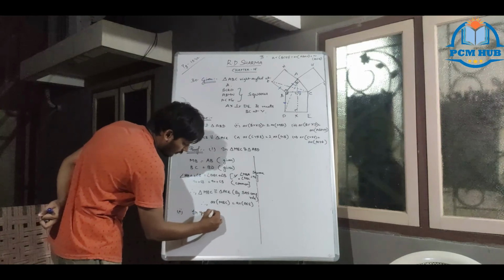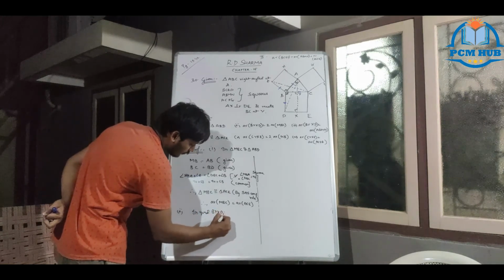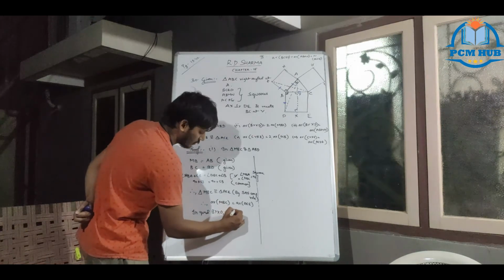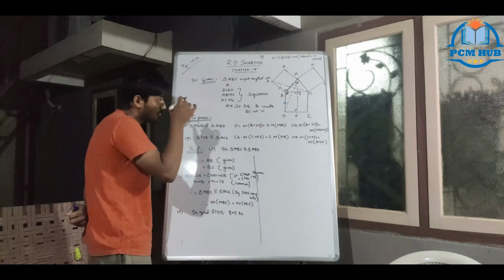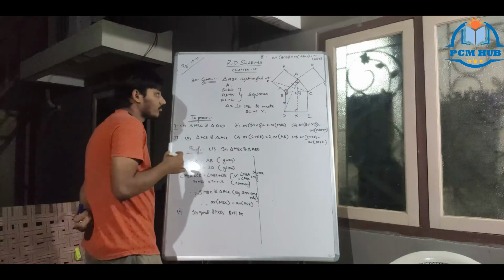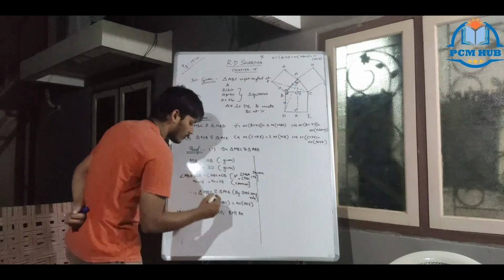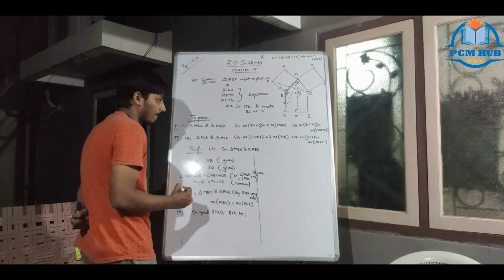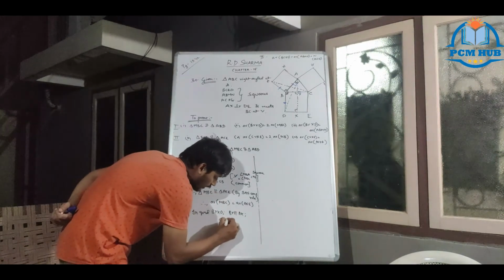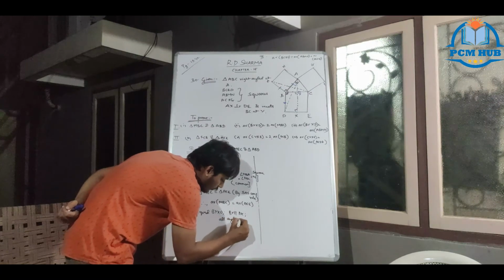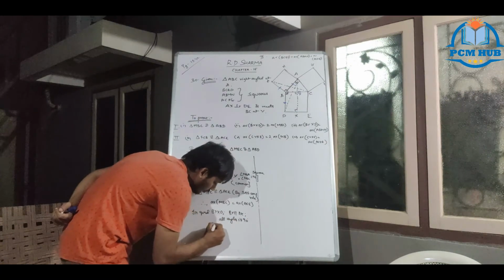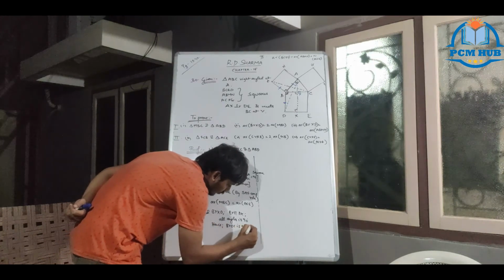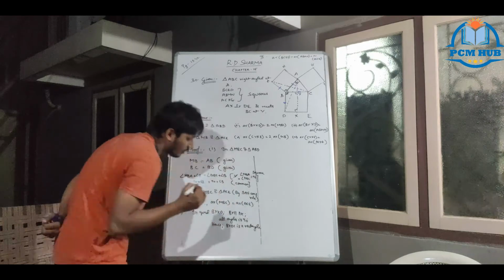In quadrilateral BYXD, BY parallel to DX and all angles 90 degrees, hence BYXD is a rectangle. Clear?